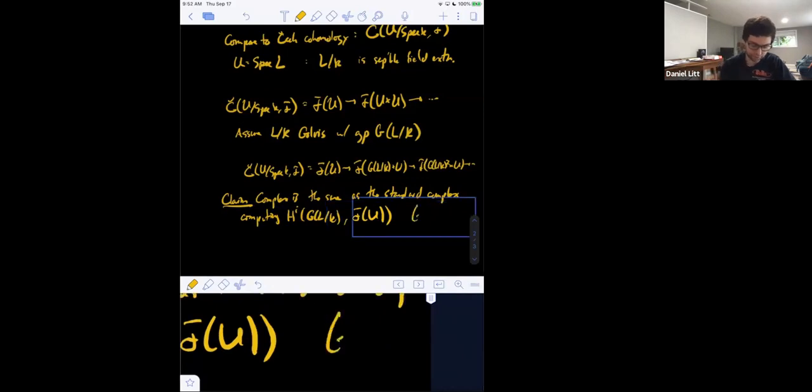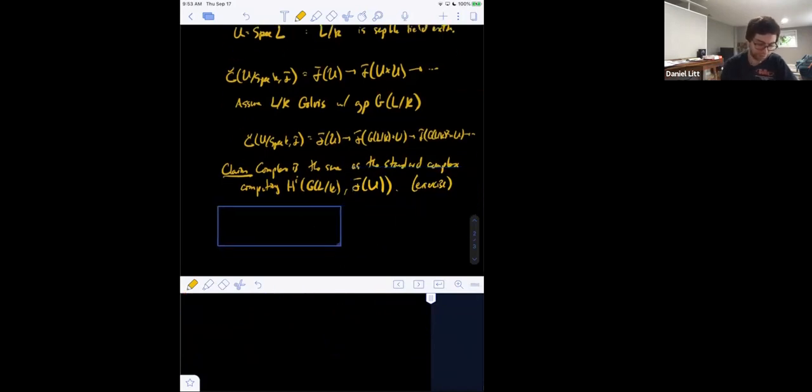This is an exercise. At least from what we've written above, it should not be so hard to see that the terms are all the same, and then what you have to do is identify the differentials. If you haven't seen Galois cohomology before, that's fine. You should think of this as the definition. Then from this, it's immediate.